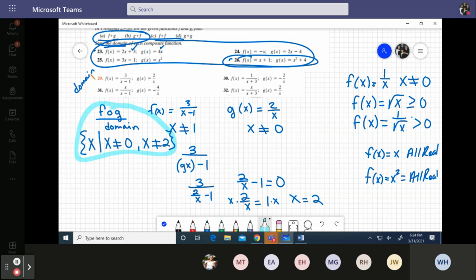All right, let's do the same problem, except we're going to swap it around and find the domain for g of f. Okay? Domain for g of f. I'm going to erase all of this.